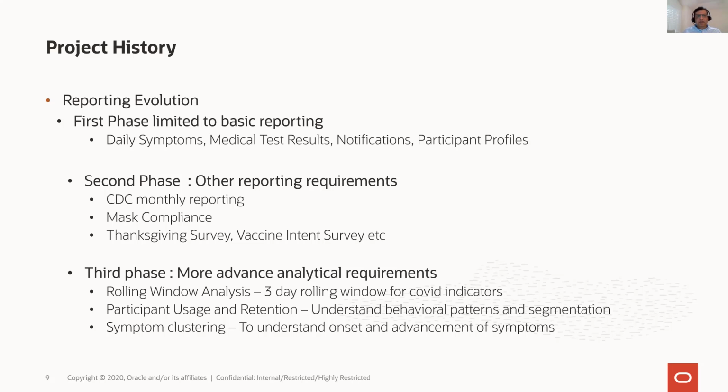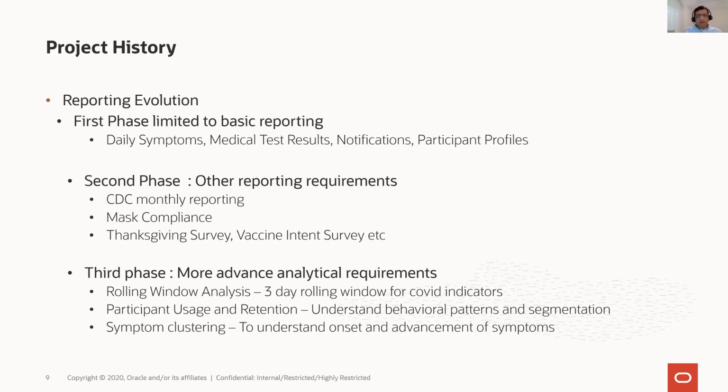Over time, as the usage increased and they signed up tens of thousands of participants and the data volume grew quite a bit with millions of records flowing in, we started realizing that there were more complex requirements which they were coming up with, which were harder to answer with some of the analytics we had built.